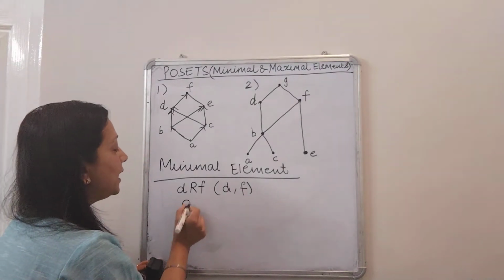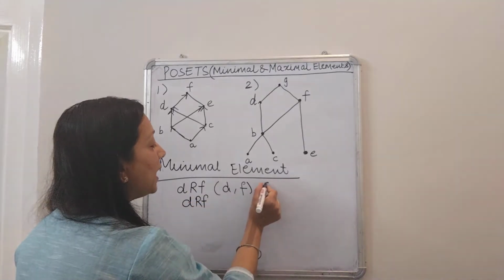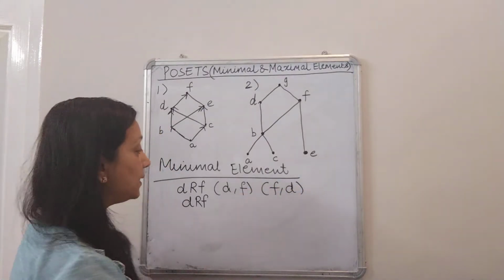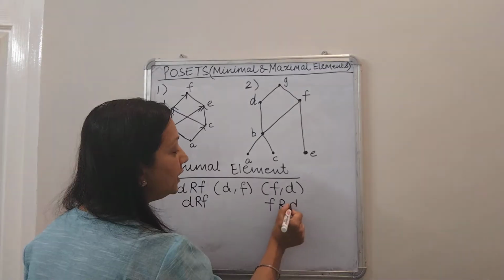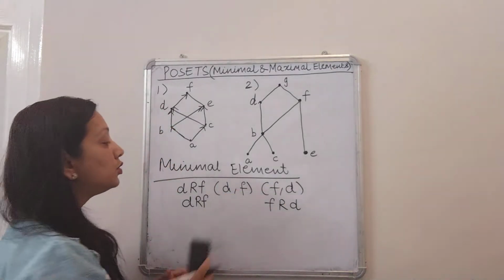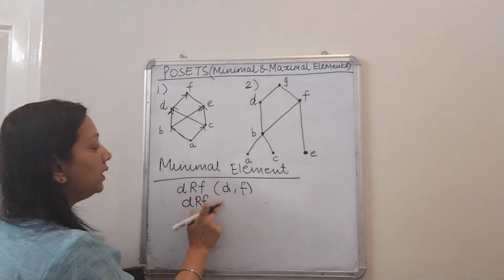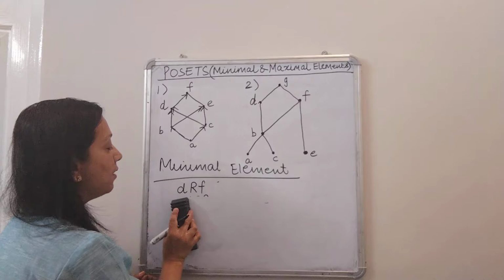That is why I said D is related to F. So I cannot write it as (F, D), and I cannot say that F is related to D. This concept is quite clear with all of us. So D is related to F.